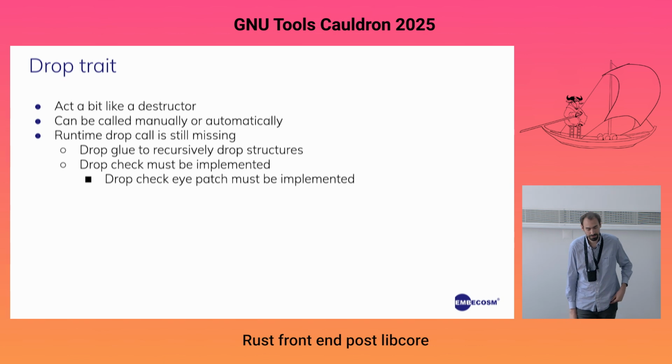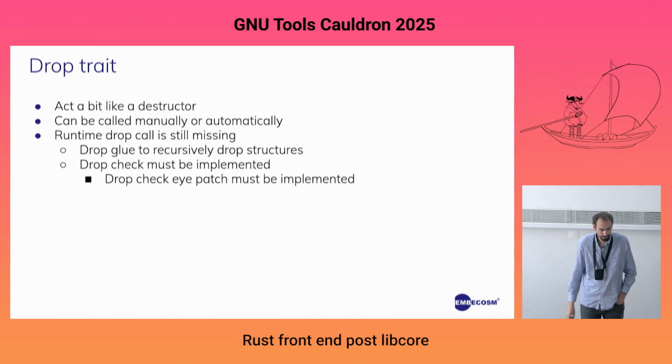But in future, they might rely on the function body. So the drop check patch must be implemented to be able to tell the compiler, let's just forget about that. We know it's unsafe, but we, as programmers, can see the body of the function, and we know that a reference won't be used. So that thing could be dropped safely.